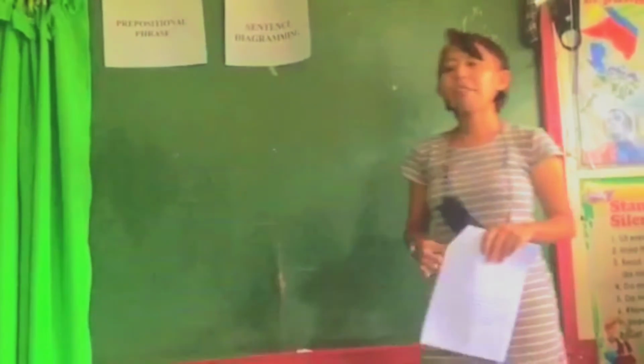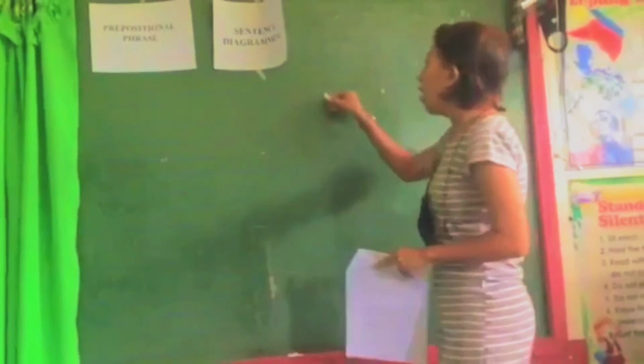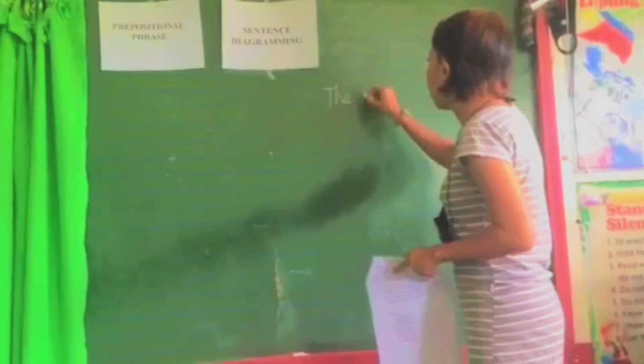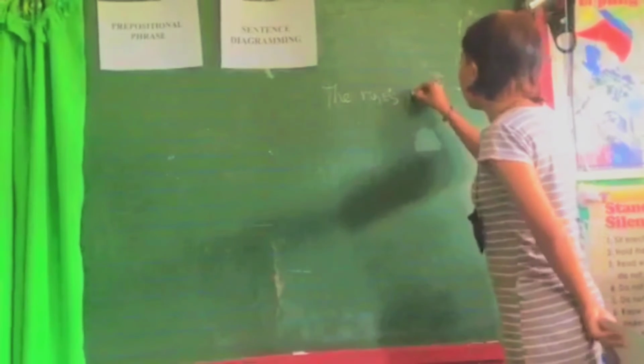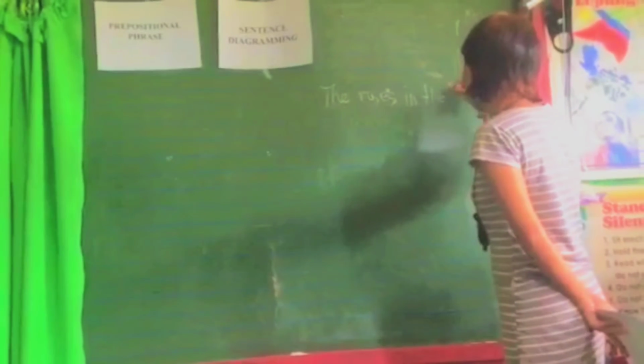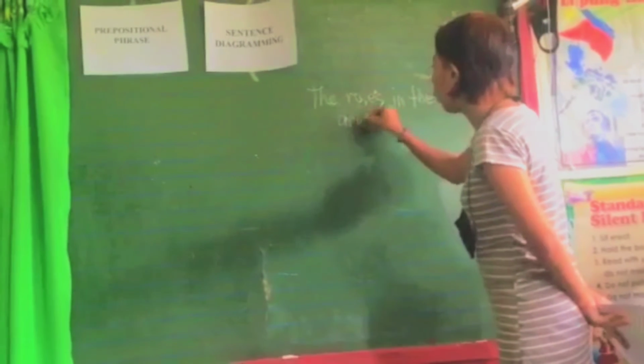Now, let us have an example of a prepositional phrase. We have here: the roses in the path are growing.